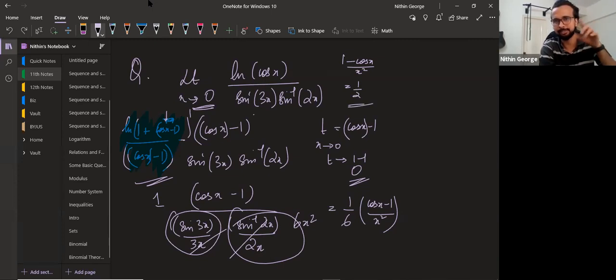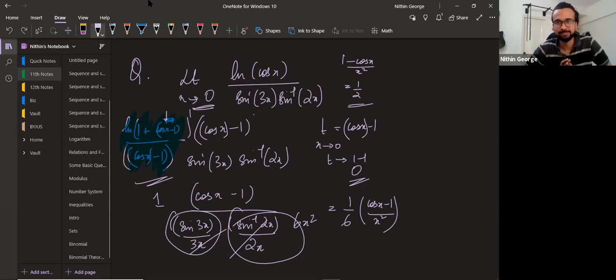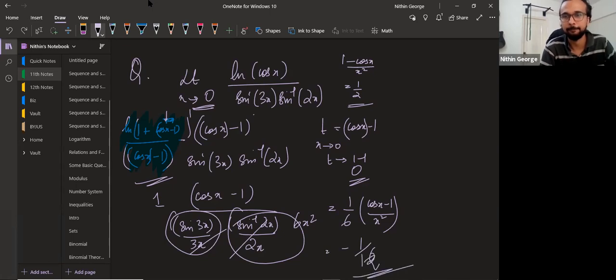Check the initial ones today, after I taught you sin x by x, there's 1 minus cos x by x square, right? That came out to 1 by 2. Directly apply L'Hopital if you want, okay? So from here you get the answer as minus 1 by 12. So cos x minus 1 by x square should come out to minus 1 by 2. So this whole thing comes out to minus 1 by 12.